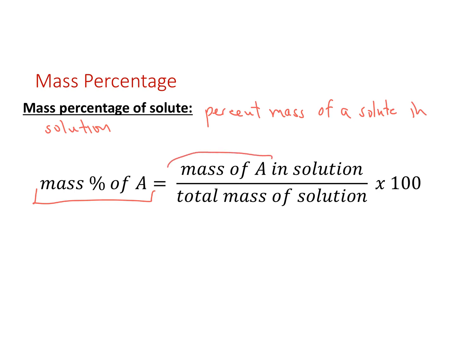How much do I have divided by the total times 100? How do you find your percentage on an exam? How many points did I score divided by how many points are in the exam? Multiply that by 100. So the same calculation for mass percent. What is the mass of my solute that I'm looking for? What is the total mass of the solution?